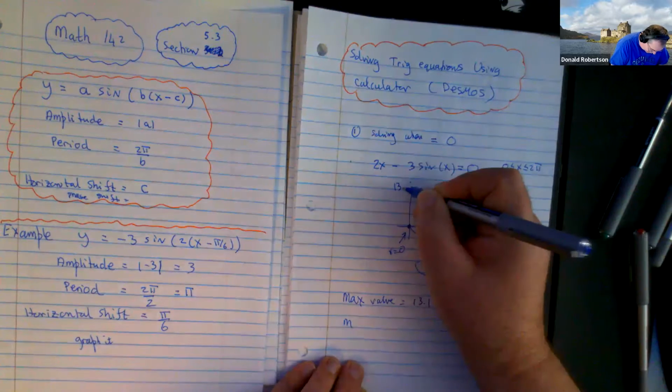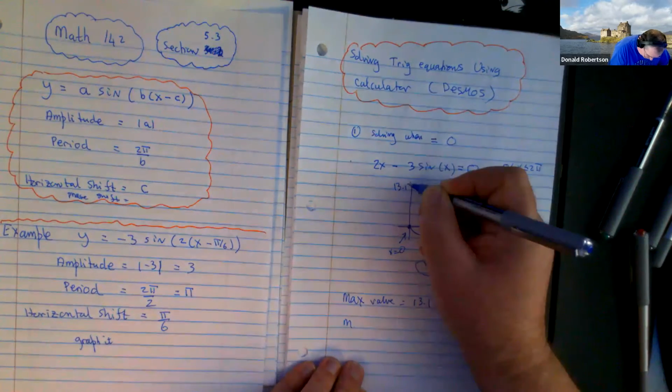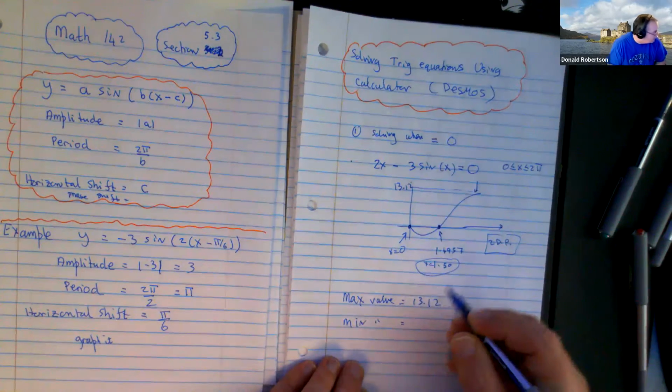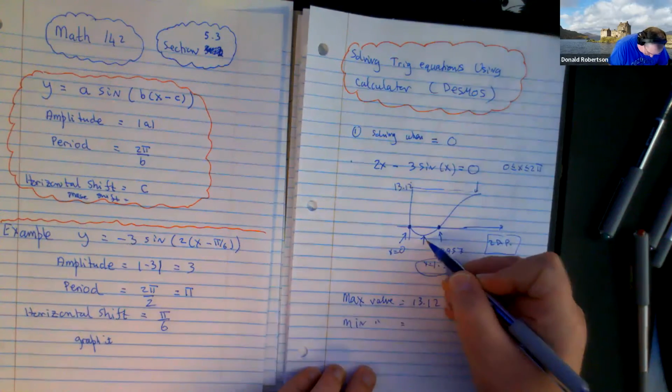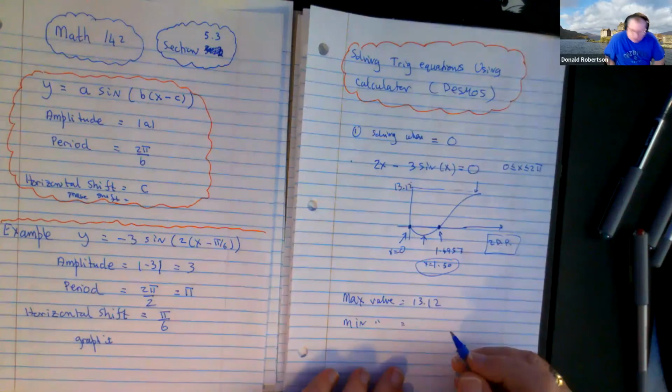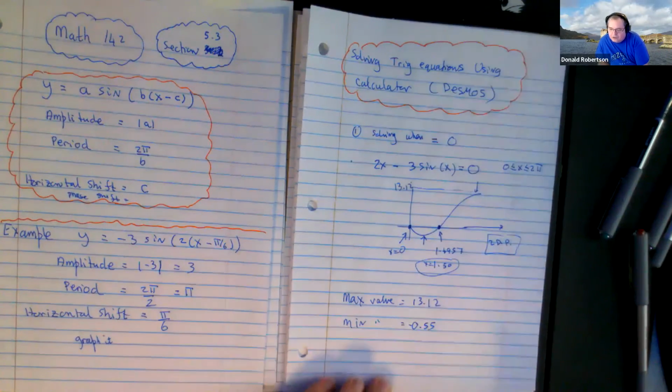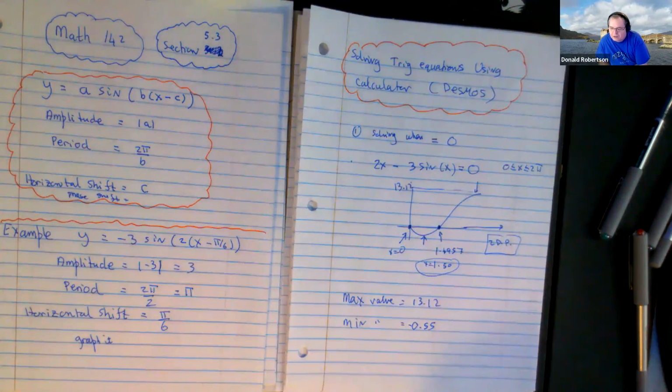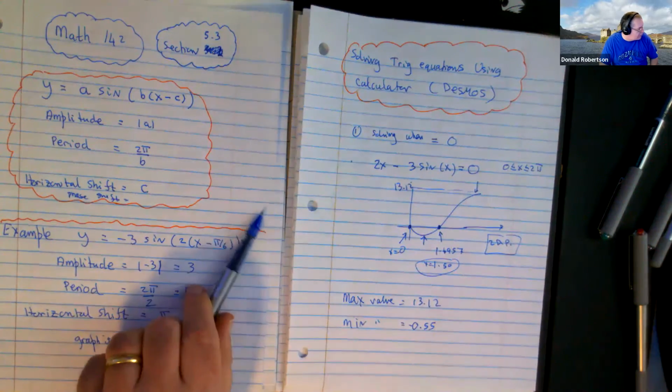And then the minimum value, which is this one here, and that was negative 0.55. Are you okay with how you can use Desmos to find max and min and to solve equations? Are we good? Any questions about that before I look at another example?